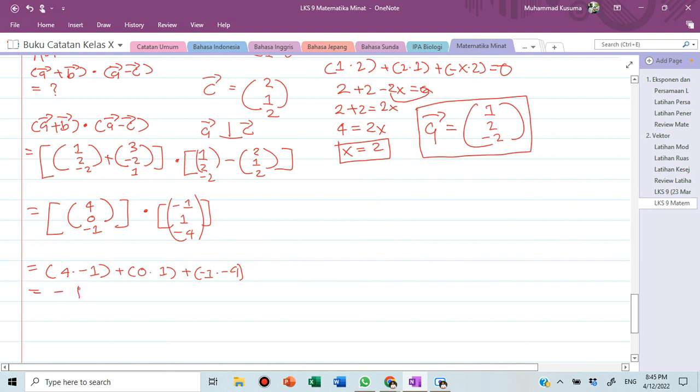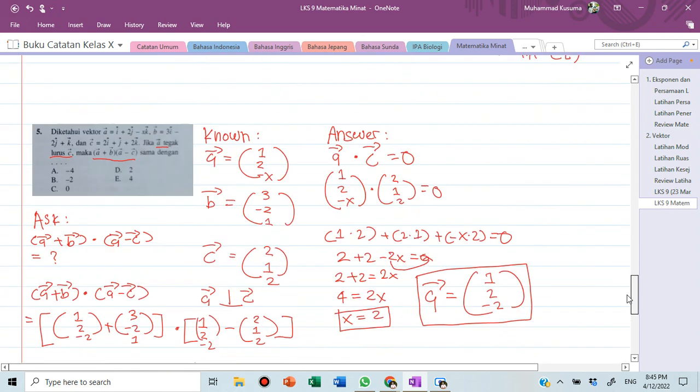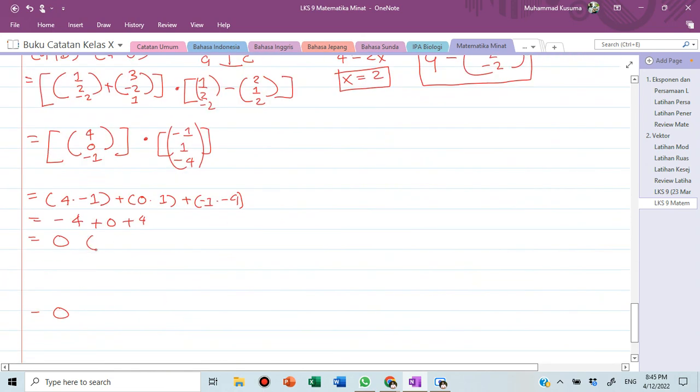That means minus 4 plus 0 plus 4, because minus 1 times minus 4 is plus 4. This is equal to 0. Then the answer will be the C option.